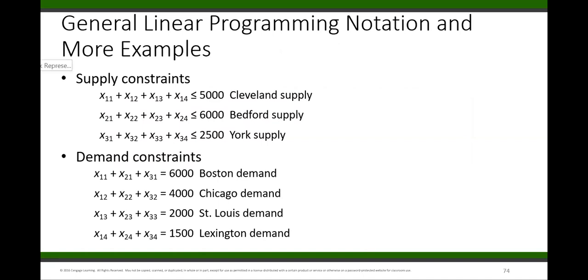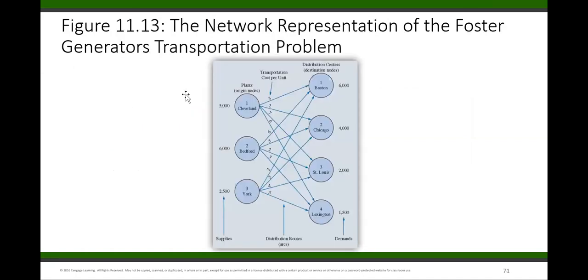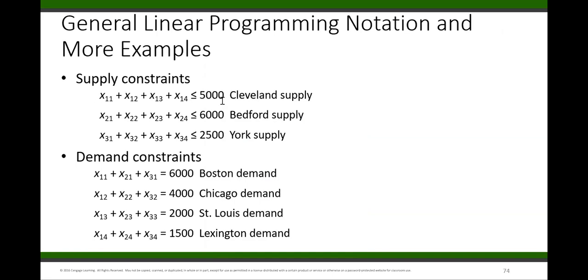I just want to go back to my graph here. For Cleveland, the total capacity is 5,000. And the items that are shipped from Cleveland can go to Boston. So it would be called X11, X12, X13, X14. The sum of these, X11, X12, X13, and X14, should not be greater than 5,000. So that is exactly what we have.